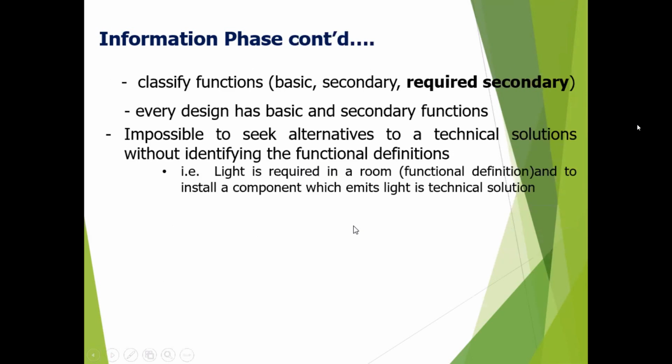Anyway, we have to understand in detail the functions of a system or project. So we can easily classify the functions as primary, secondary, required secondary, and so on. By doing that, it's easy for us to understand the functions. The basic or primary function, of course, we can't do anything with.